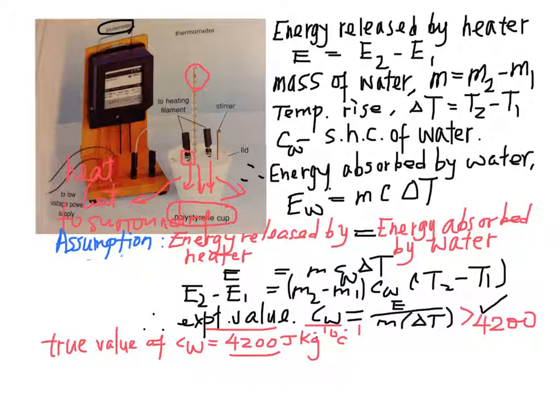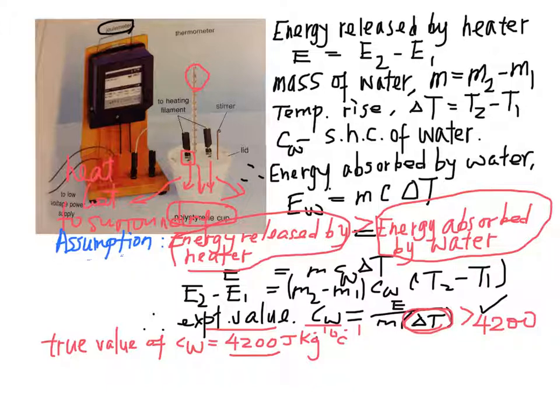As a result, the energy released by the heater would be in fact greater than the energy absorbed by the water. In this case, the temperature rise of the water would be smaller than our expectation.